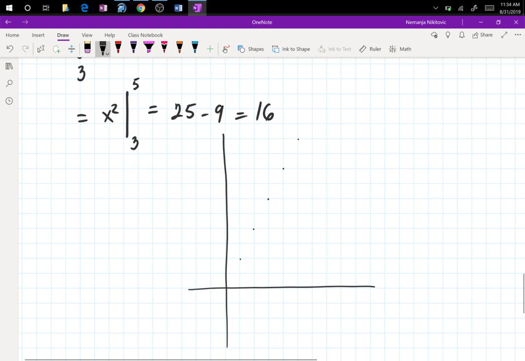Obviously, if you're on lined paper, it's just going to be terrible. So try and get the square paper if you can. So this is the 2x function.